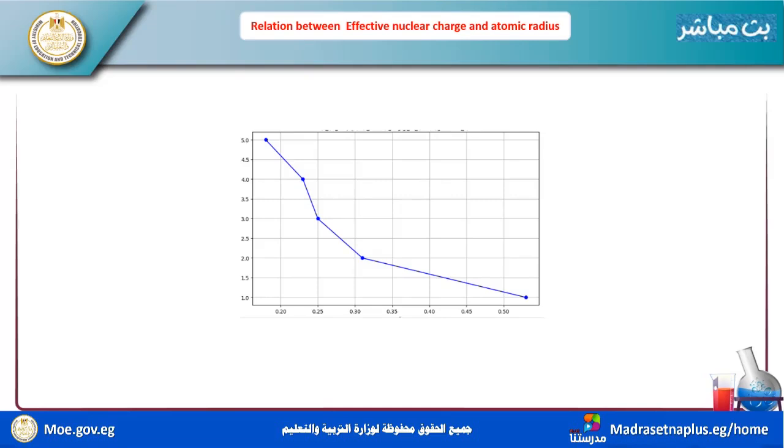We have an inverse proportion between them. This is effective nuclear charge, this is atomic radius. We can learn the relation between effective nuclear charge and atomic size.